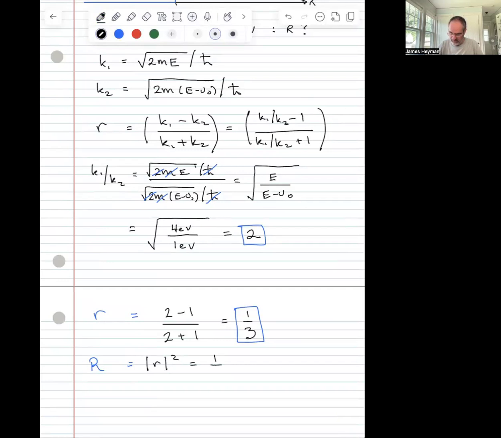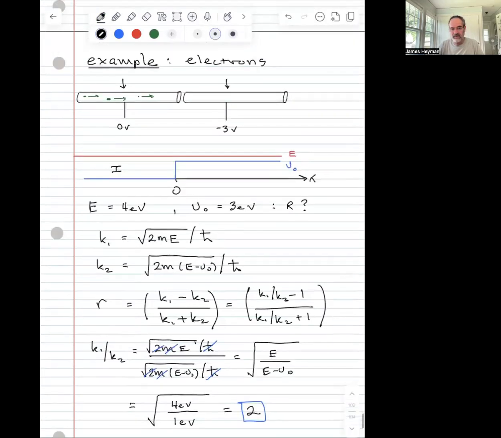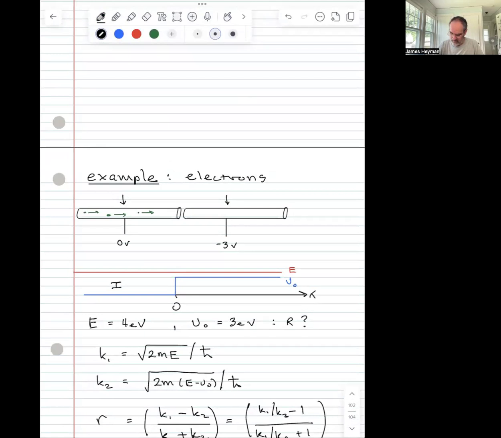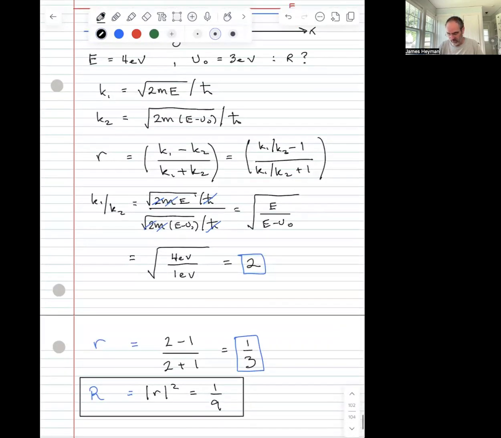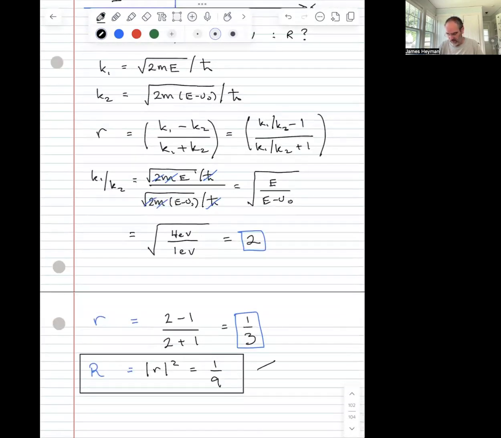And you can see this equals 1/9. There we go. So we've done it. For this particular problem, we've evaluated the reflection coefficient for the particles, and we found 1/9. Perfect. That wasn't so terrible, was it?